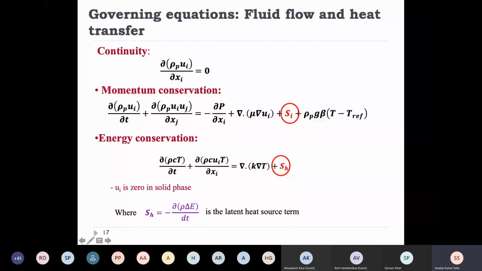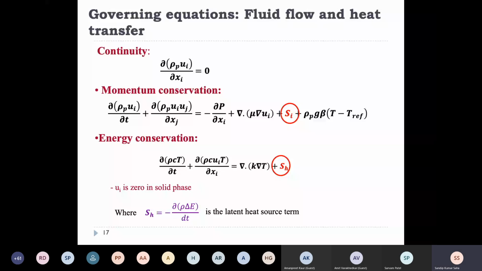Okay, now here you see that these equations are valid over the whole domain, meaning the domain could be solid, liquid, or both solid and liquid. So when you solve the momentum equation in the solid phase, it has to vanish by default, because there is no velocity.